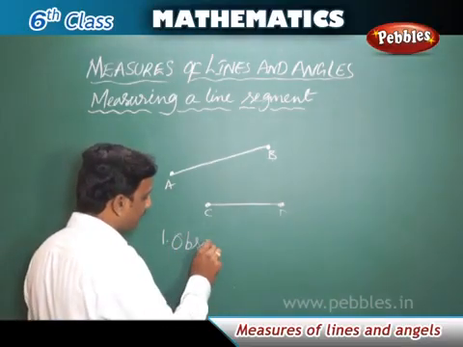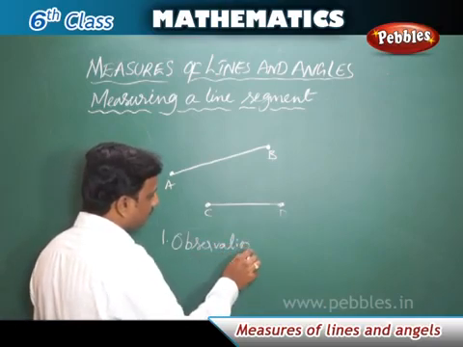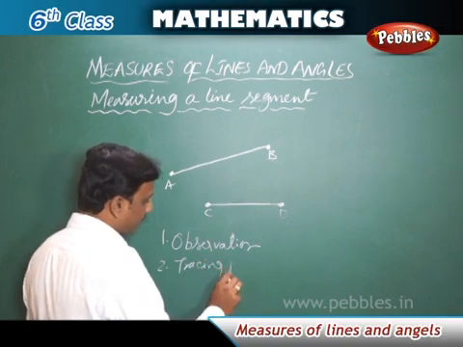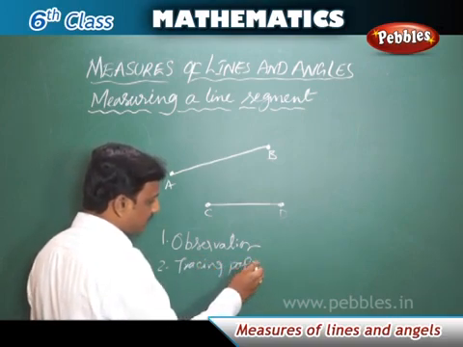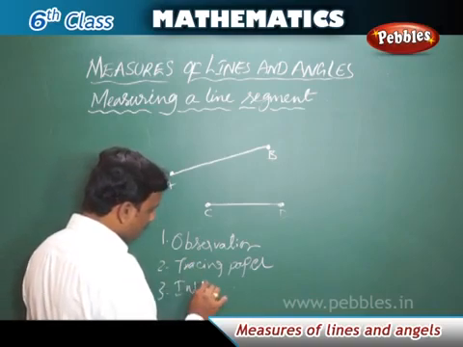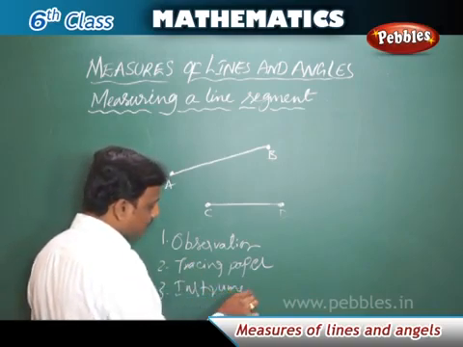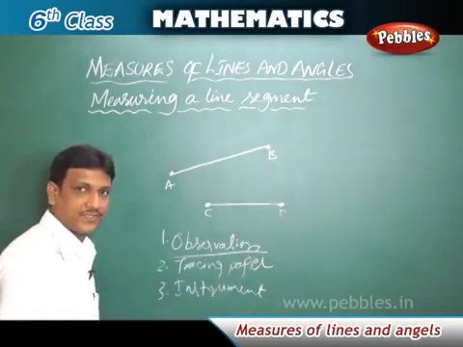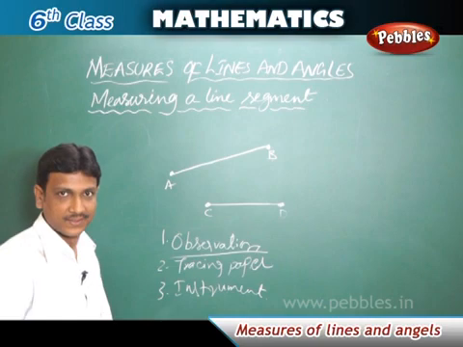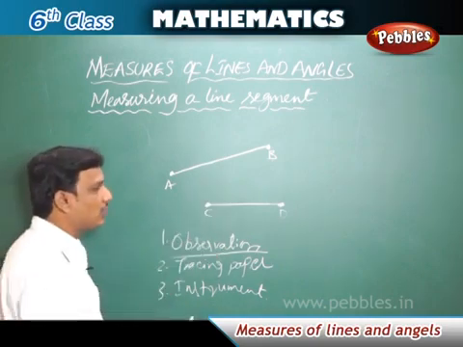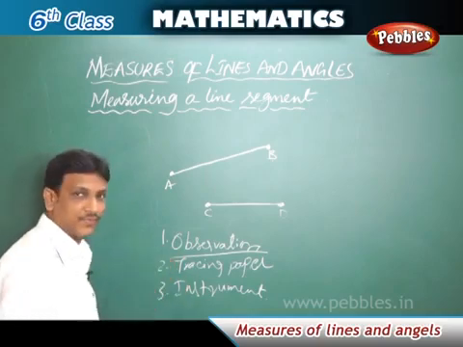One is observation, second is using a tracing paper, and third is using a geometrical instrument. So the first one, observation. This observation may not be accurate. That means we may or may not be able to find out which is bigger or smaller just by observation.